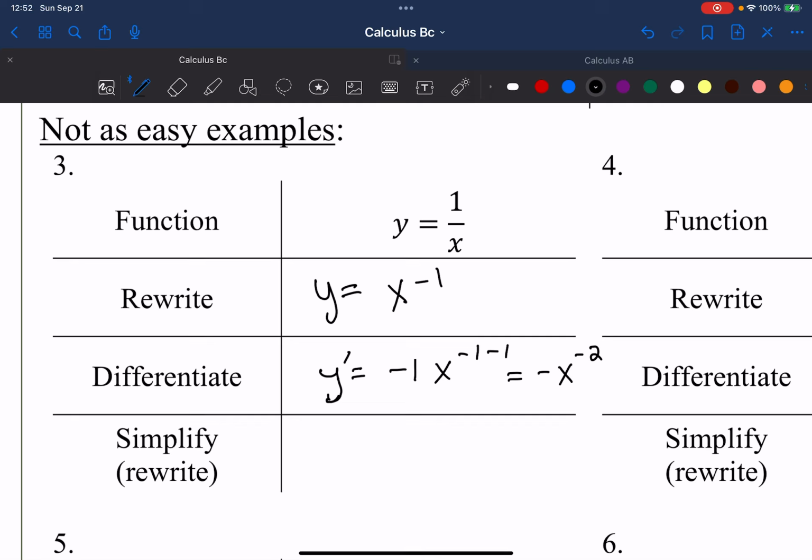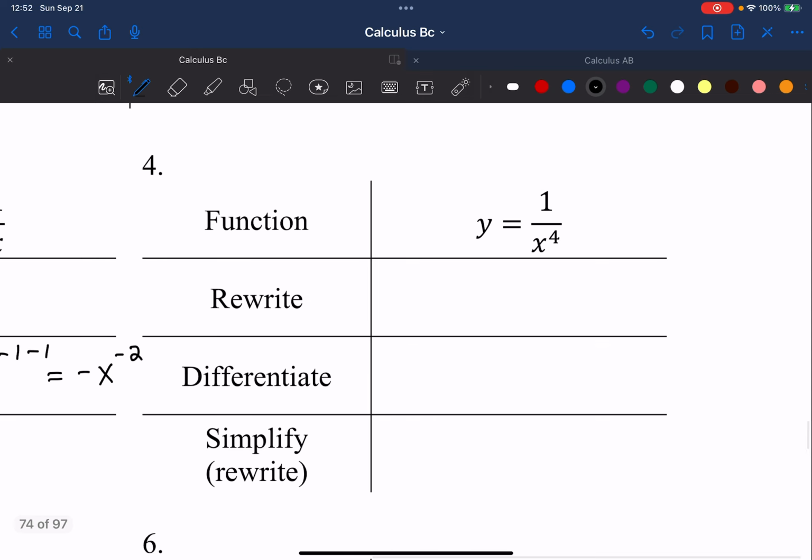Then we have to rewrite it. We know that x to the negative 1 power is 1 over x, so negative x to the negative 2 power is just negative 1 over x squared. Again, we are thinking back to our properties of exponents in order to do these.